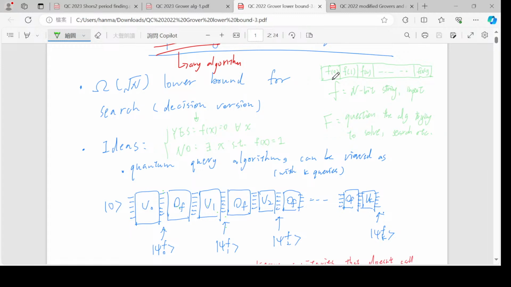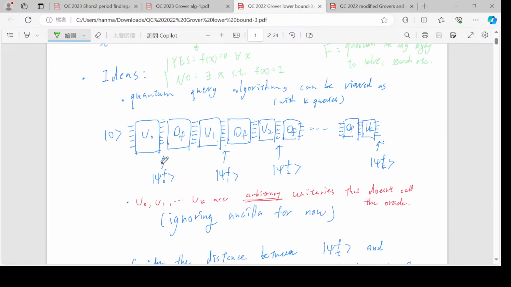There is a small f and a big F. Small f is basically the input to this problem, so it decides what this O_f will tell you. The big F is a function of this small f, and it's this yes/no question. It is a decision version of search, which asks whether small f is all 0 or is a 1 somewhere.